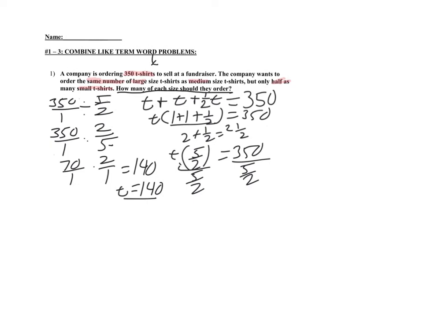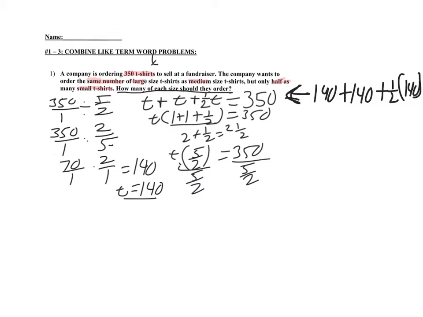We are going to set it up with our initial equation right here. It's a terrible arrow, but we're going to plug it in there. So we're going to get 140 plus 140 plus 1/2 times 140, and then we're going to combine these terms.